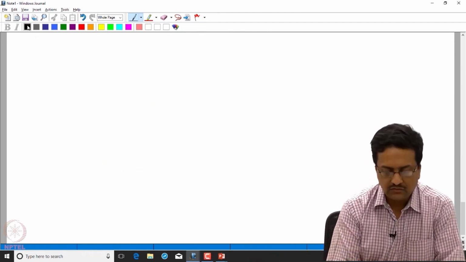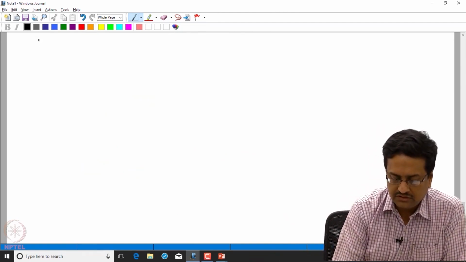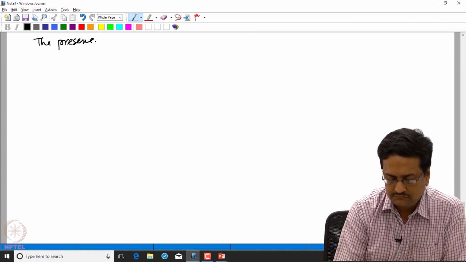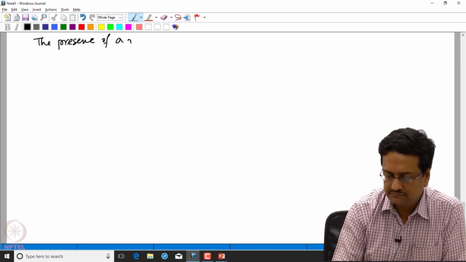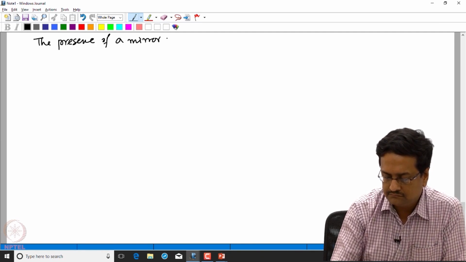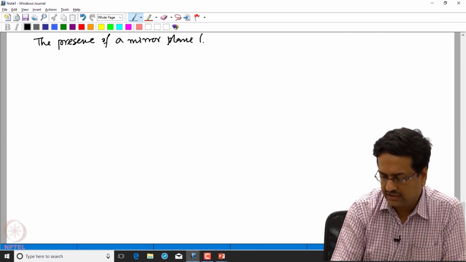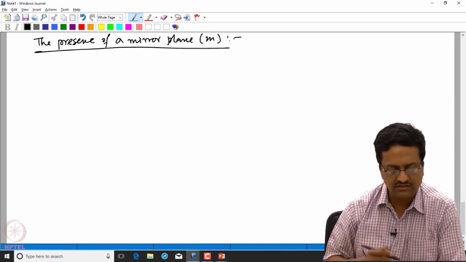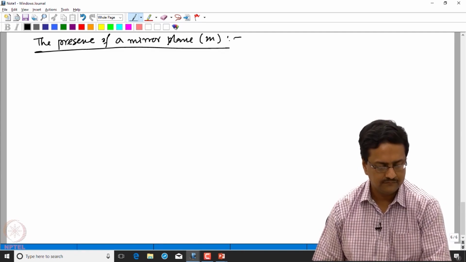Now let us see how one can find out the presence of a mirror, that is m, a simple mirror without any translational component associated with it.